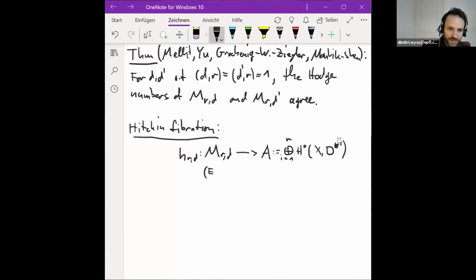So if we take a pair, a Higgs bundle, theta, we think of it as being an endomorphism of the bundle.